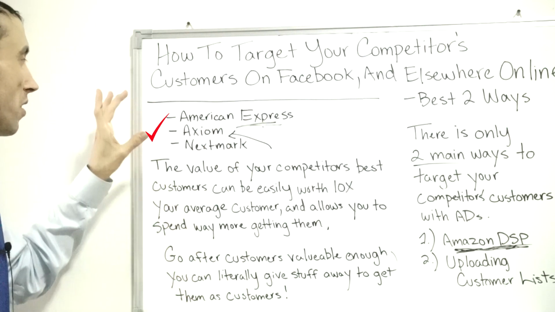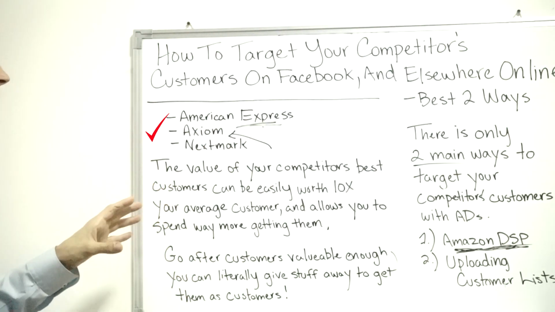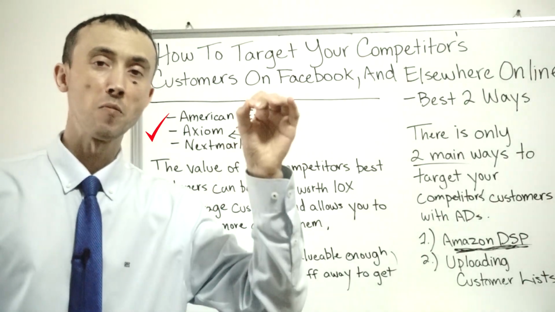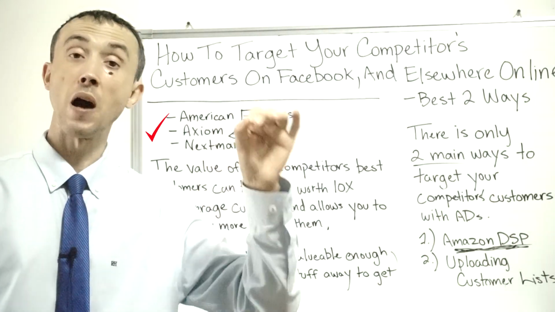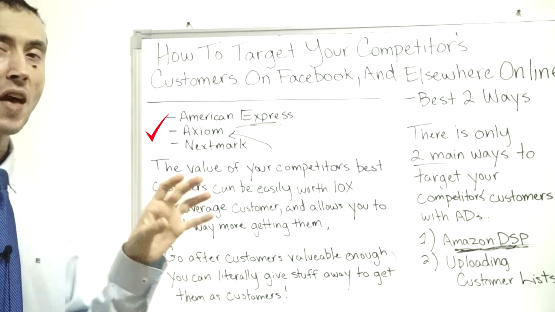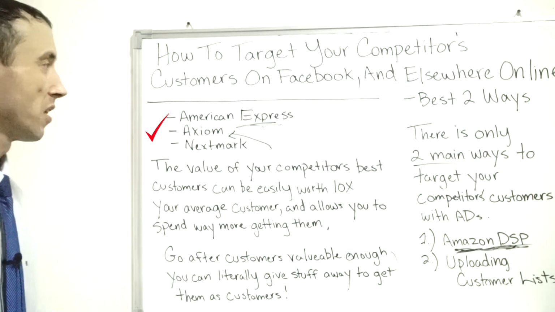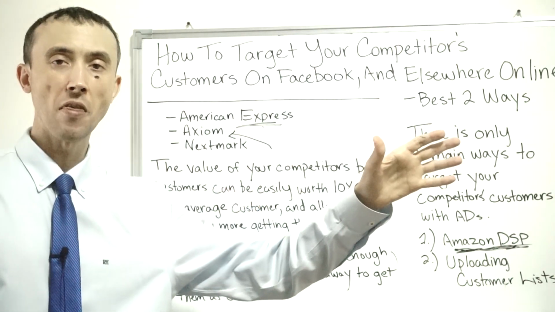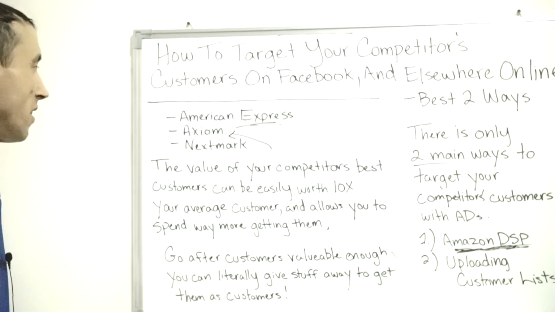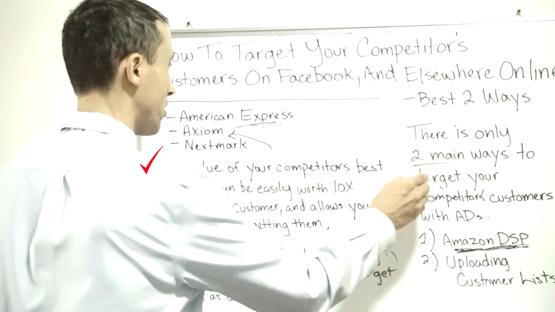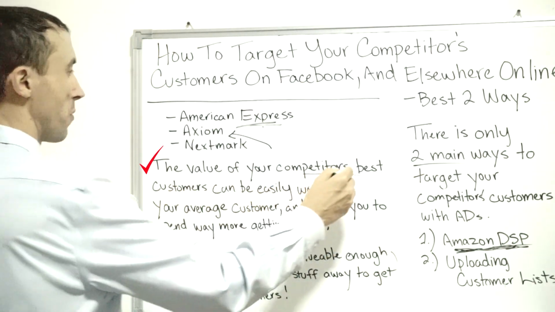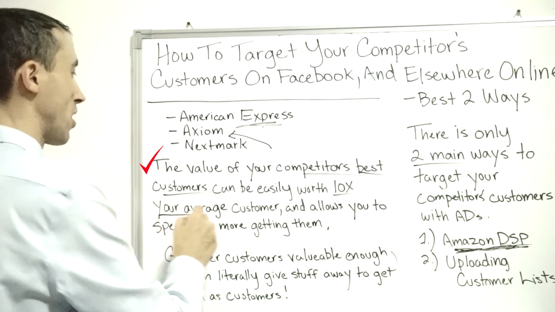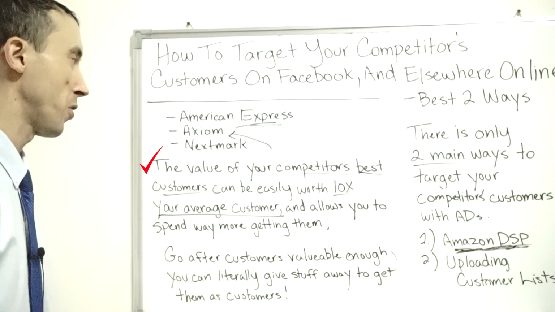But like I was talking about before, targeting your competitors' customers, particularly their best customers that buy the most frequently or buy the most from them, the value of that list to you is so great that even having to pay $1 per name, that's literally nothing compared to the value of that list. The value of your competitors' best customers' list can easily be worth 10 times what your average customer is that you're acquiring now through your business.